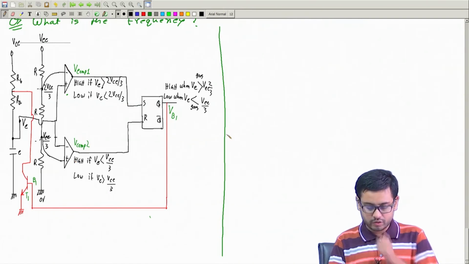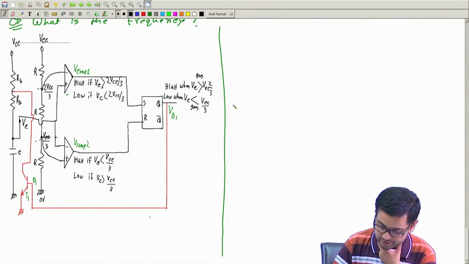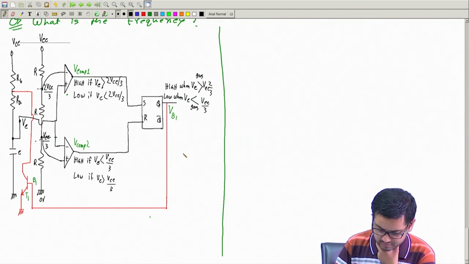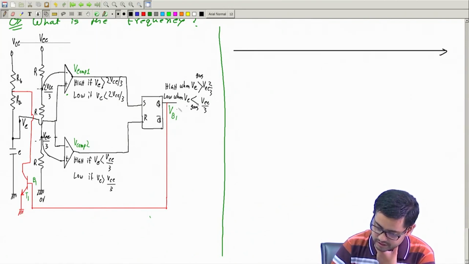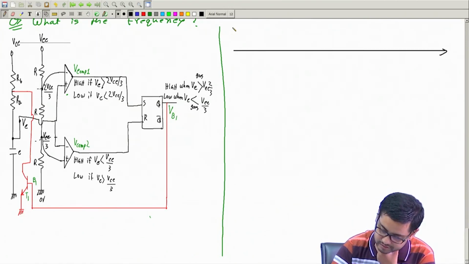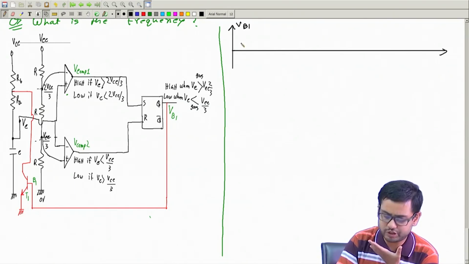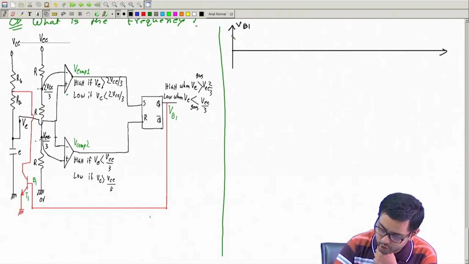So now let's draw the waveforms. Let's start with this VB1, and once again to start with we have to assume some initial value. Say this is initially high.